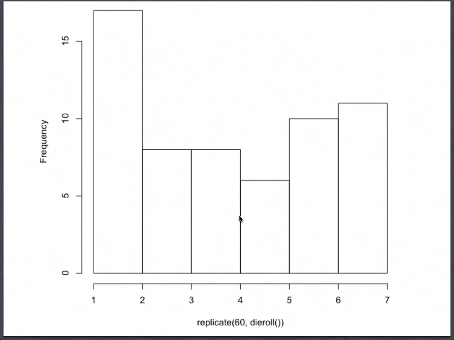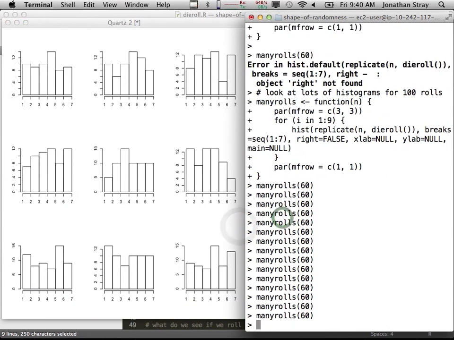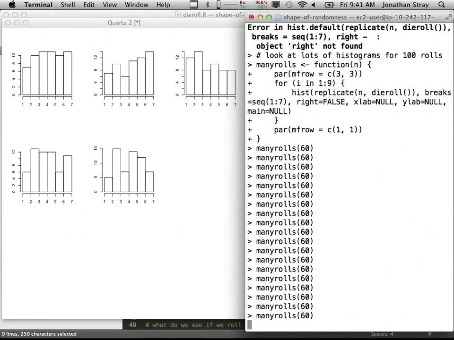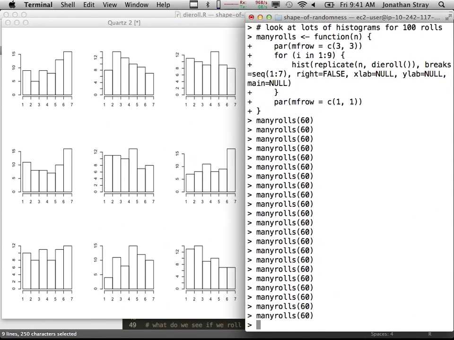Really high. About 10%, right? The question I'm asking is, how often does a random pattern look like something is actually there? And we can do it just by looking at it a lot and counting.